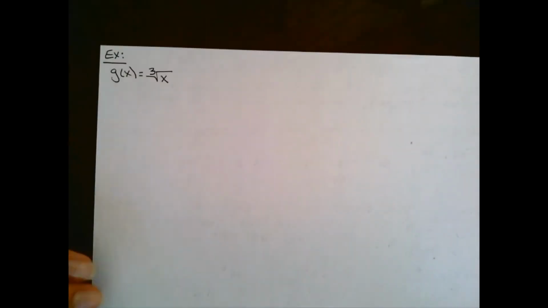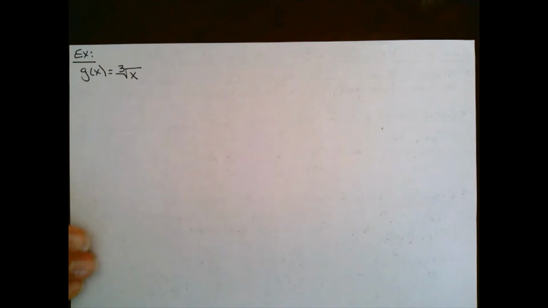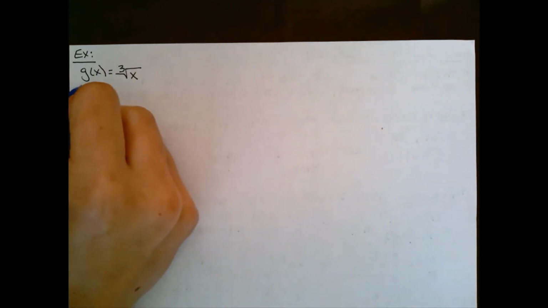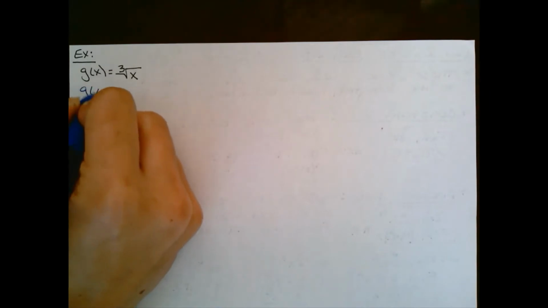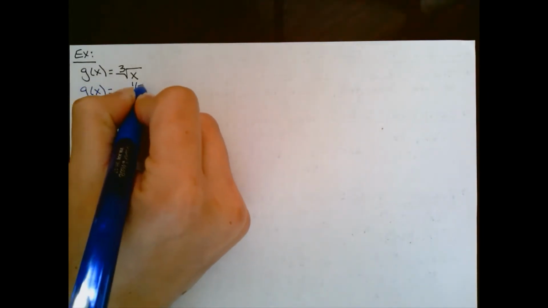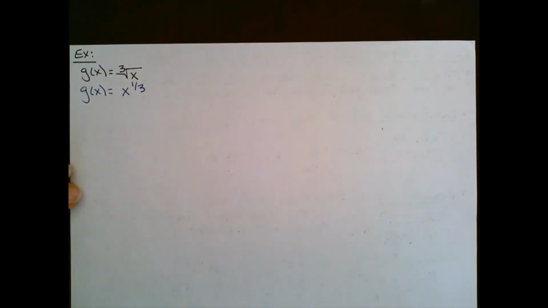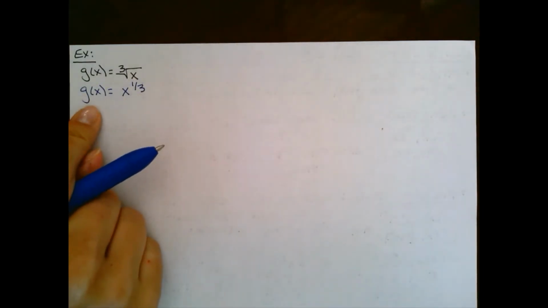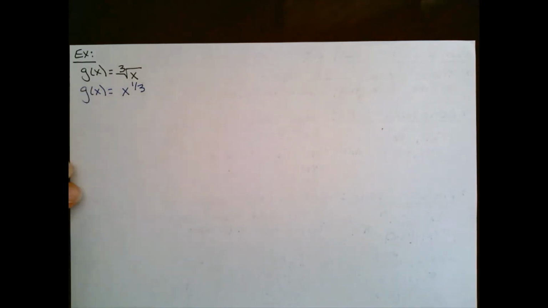All right, let's look at this first one. If this is the question I was given, I want to start off by rewriting it as x raised to 1/3. Okay, notice that I did not write g prime. I have not done the derivative yet. I'm still just rewriting what g of x is.